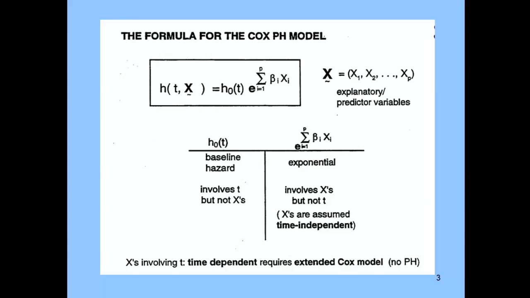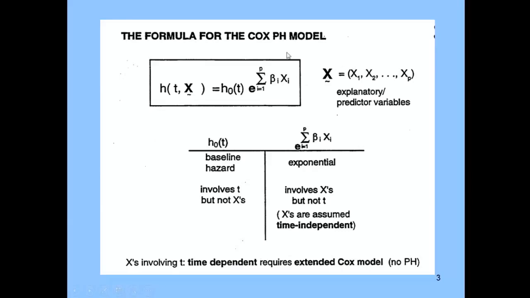So the x's stand for the explanatory or the predictive variables you're interested in studying and putting in your model. Now, if you look at this formula, you notice that there's sort of two parts to the formula. There's a part that says h sub 0, h naught of t, and then there's a part which is an exponential part, e to the sum of beta i x i.